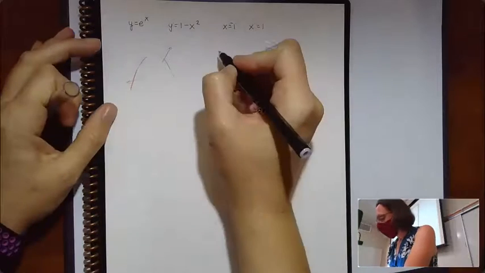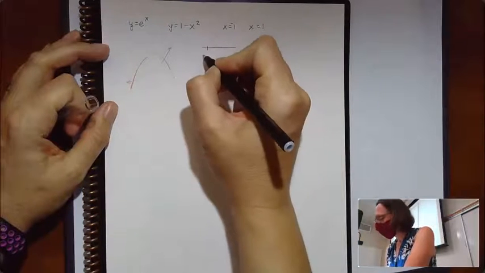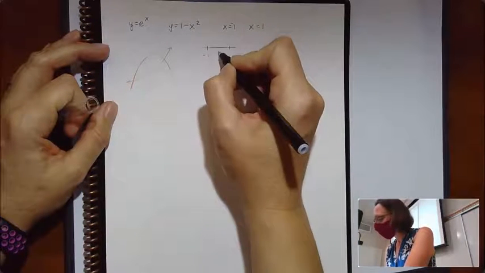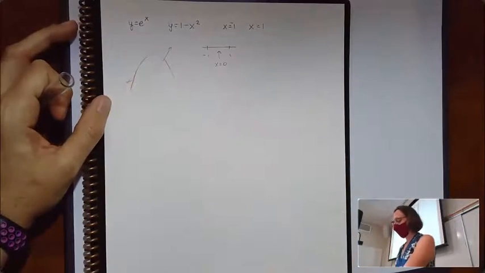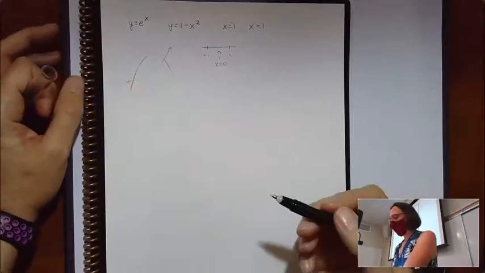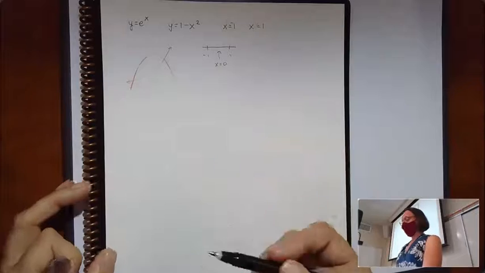So I still probably would have gone, oh, it's negative 1, positive 1, plug in x equals 0. Oh, wait, they intersect at x equals 0? I guess I got to fix my graph a little bit.